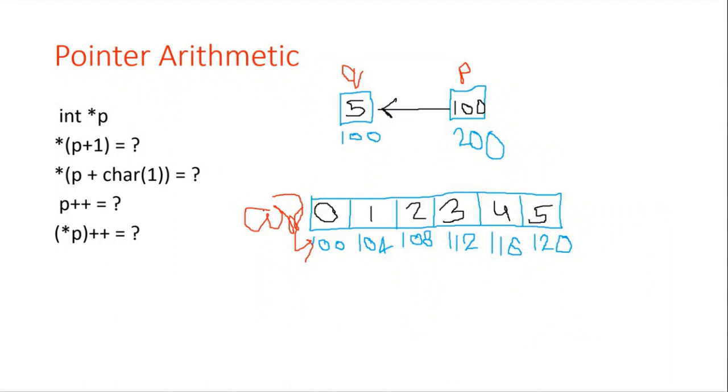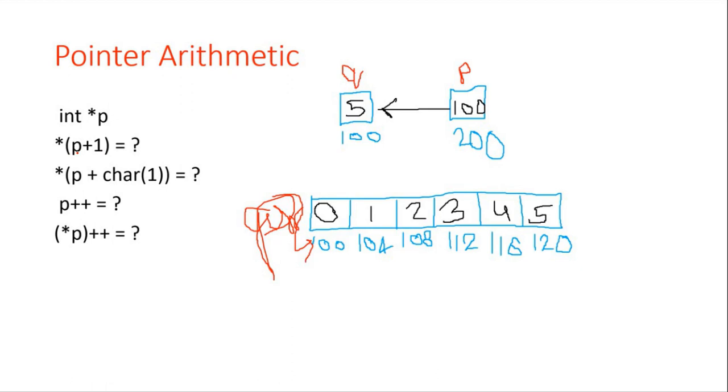Now we have integer pointer p. Here p plus 1, what does it mean? Forget about p and q for some time. Consider this is the block of this array, named p, and we have to do the operation p plus 1.